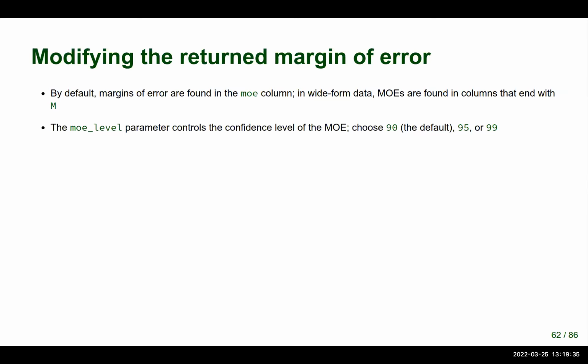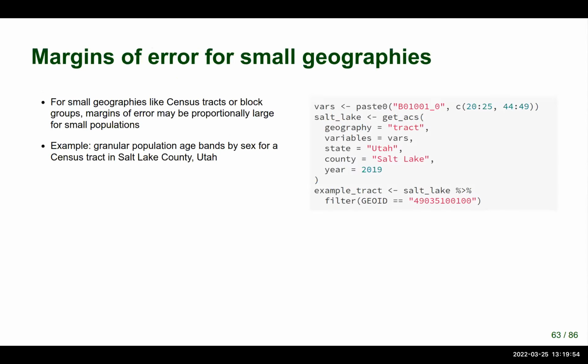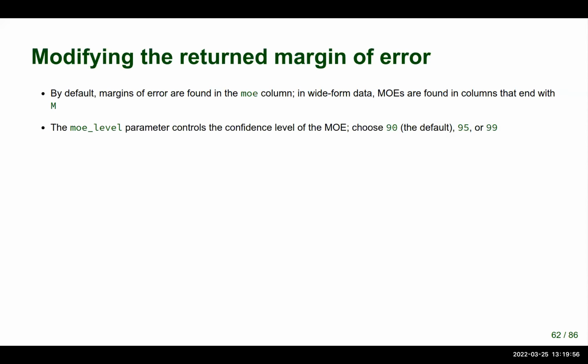If you want to create different confidence levels, so basically where you're 95% sure or 99% sure that the estimate is in this range, you can use the MOE level argument in get_acs to modify this. And so to show you briefly how this works, I'm going to jump back over to RStudio.